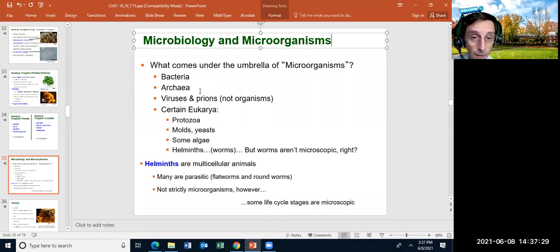In fact, the infective stage of a helminth, at least I should say most helminths, I guess there are a few exceptions where they actually burrow into your skin, but most of them, the infective stage is a single-celled fertilized egg, which is usually consumed, and that is the infective stage.